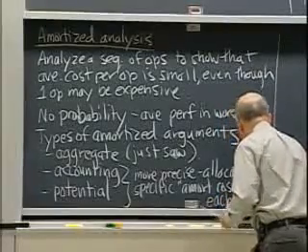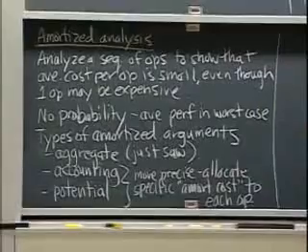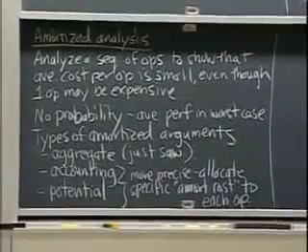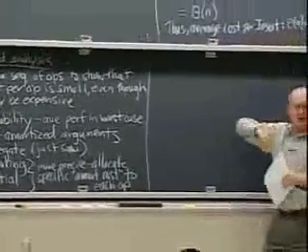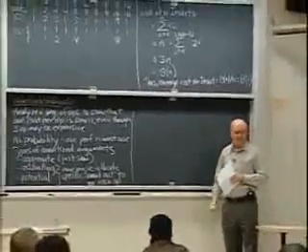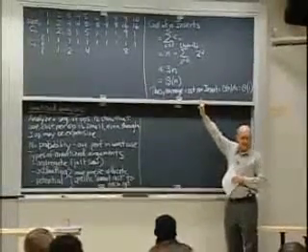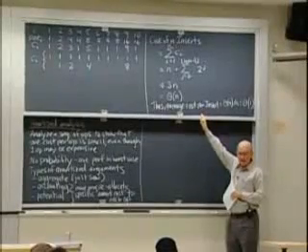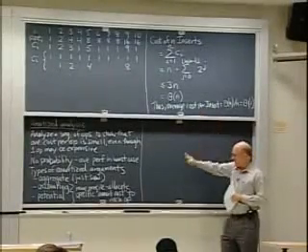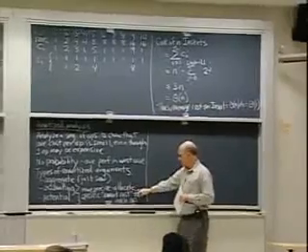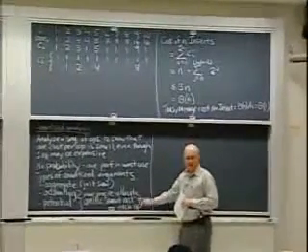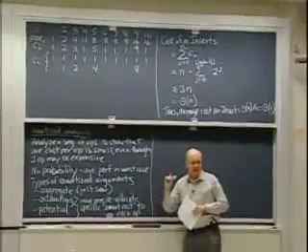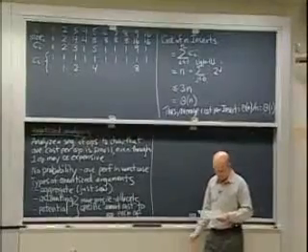One of the things about the aggregate analysis is that you can't really say easily what the amortized cost of a single operation is. You can in this case. You can say it's order 1. But the accounting and potential arguments give you a much more precise way of characterizing what the amortized cost of a particular operation is.